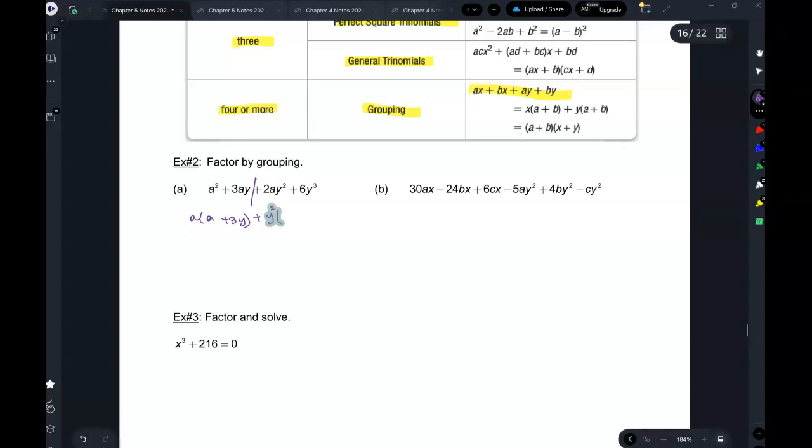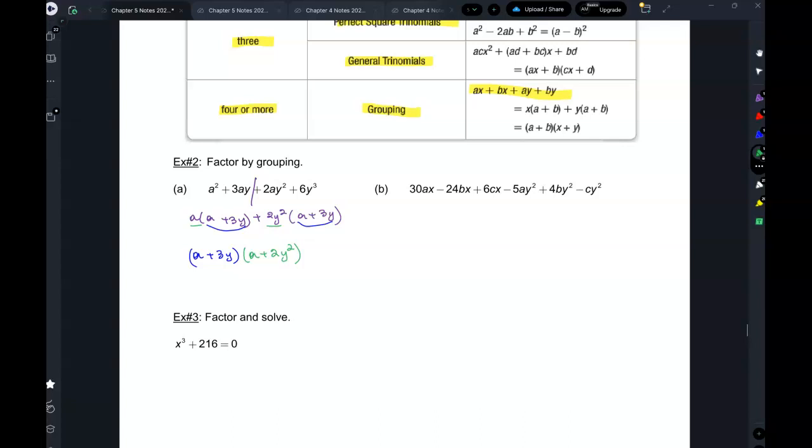Ugh, sorry, what can I factor out from here? 2y squared. So I get a plus 3y. Now, you notice how we get the same thing here? Factor that out, which means just write it one time. And then what's left over? A plus 2y squared here. Okay? And then just see, is there anything else we can factor out? No, we're done. So this is factor by grouping.